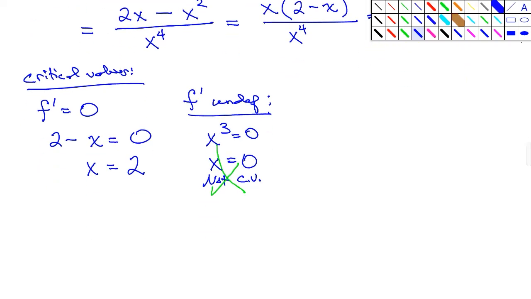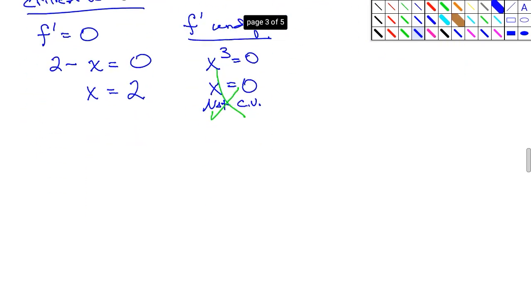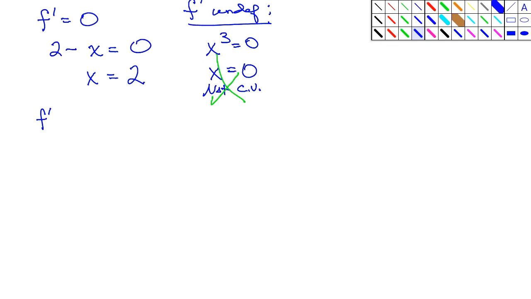All right, now what are we looking for? We're looking for the absolute maximum. We're supposed to use the second derivative test. Because we're supposed to use the second derivative test, we need to take the second derivative. So let me rewrite the first derivative. That was 2 minus x over x cubed.